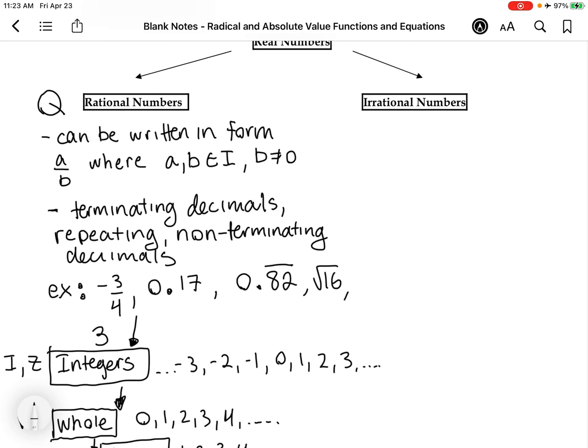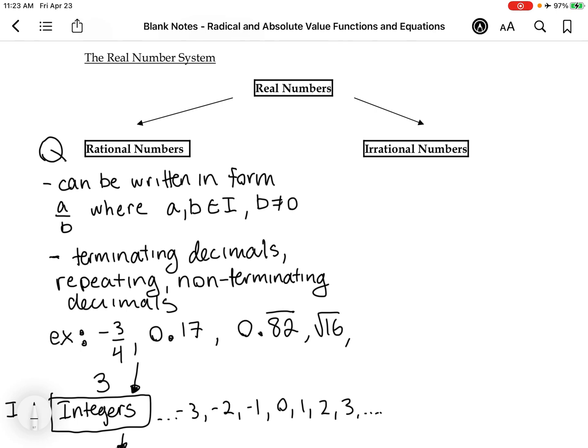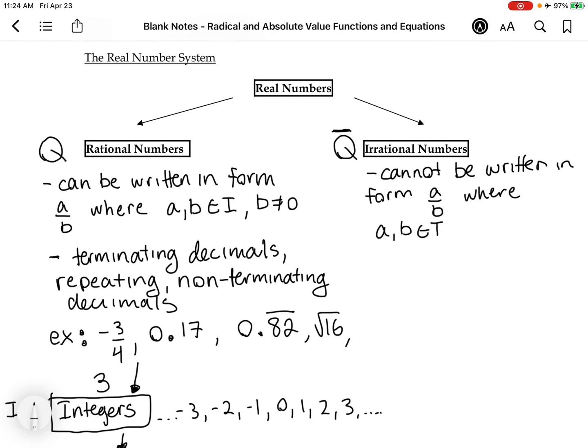We haven't talked about the irrational numbers yet. The irrational numbers are basically anything that's not rational. The symbol that we use for them is a Q with a little hat on it, and that little hat essentially means not. So not rational. And these are any numbers that cannot be written in the form A over B, where A and B are integers, elements of the integers, and B is not 0.